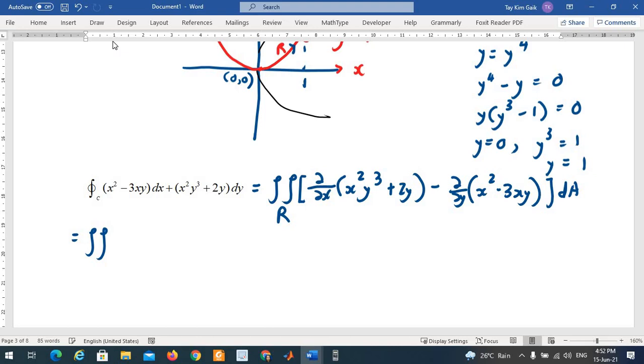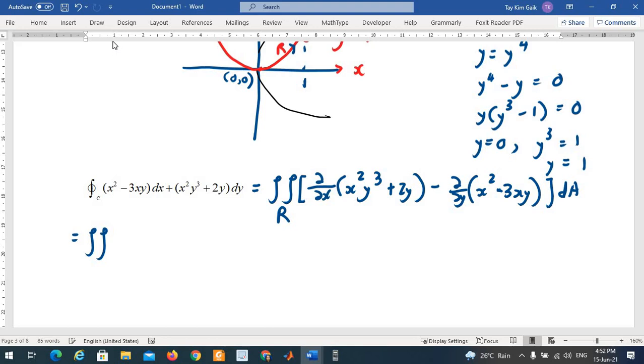So you evaluate del x of x squared y cubed plus 2y minus del y of x squared minus 3xy. And then lastly, it becomes the problem of a double integral.